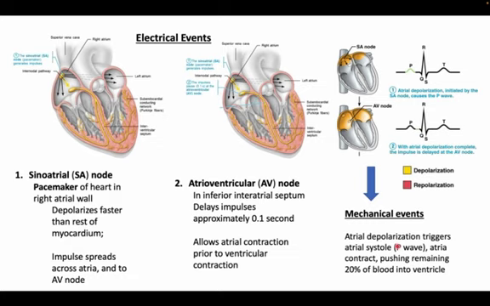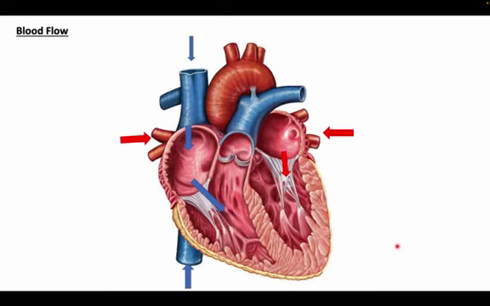And what is the contraction event called in mechanical terms? Systole. So this is when the atrium goes through systole, and blood starts pushing out from the atrium to the ventricle.